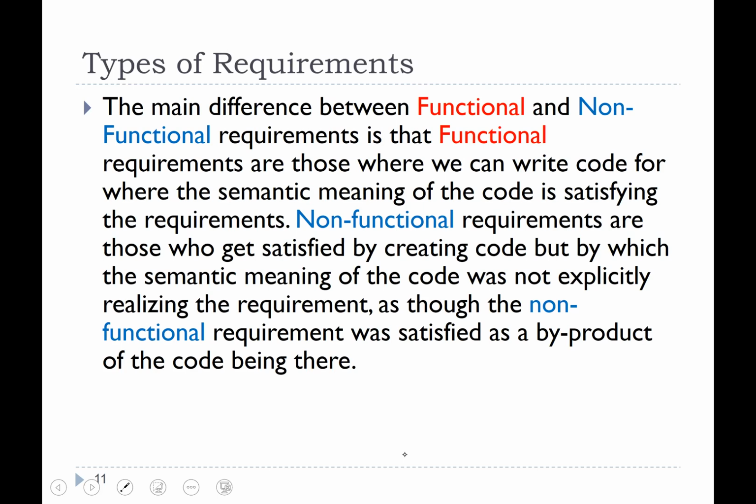Whereas non-functional requirements are satisfied by creating code whose semantic meaning does not explicitly realize the requirement, as though the non-functional requirement was satisfied as a byproduct of that code being there. And I know, as I'm saying this, it's flying right over your head and makes absolutely no sense. But nonetheless, I'm going to ask you some questions on it anyway.